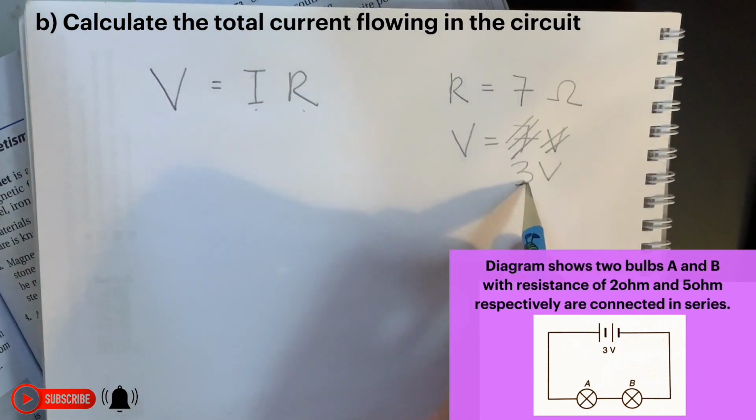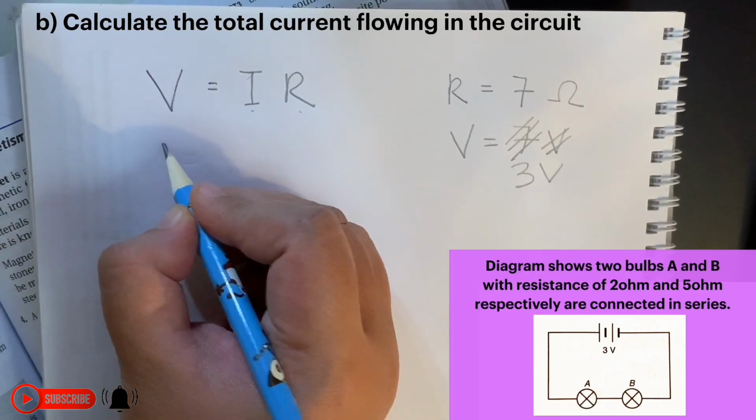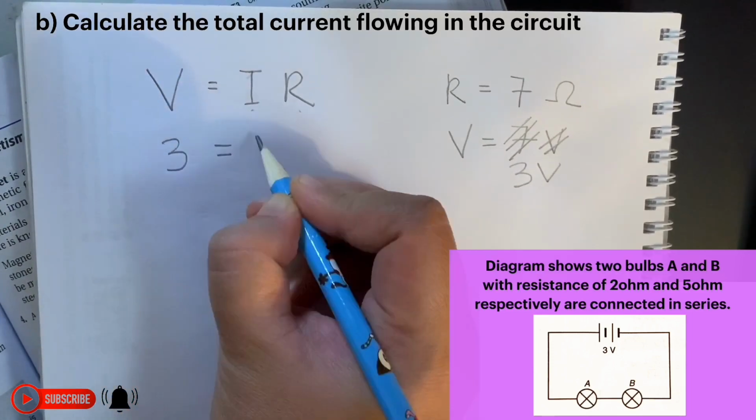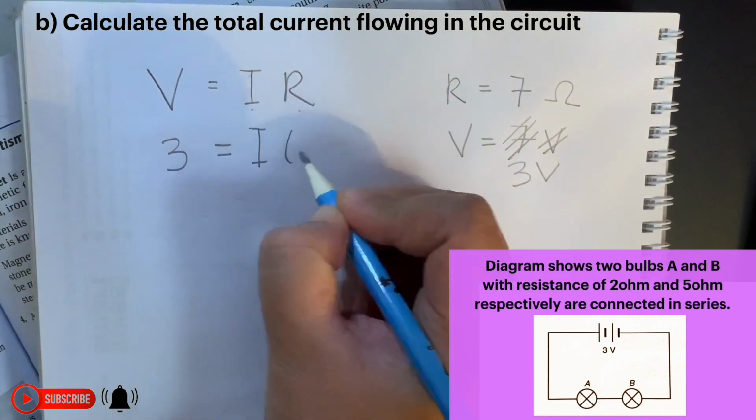So you just need to substitute the value in the formula. Let's say V is 3 equals I, the value to be calculated, times R, which is 7.